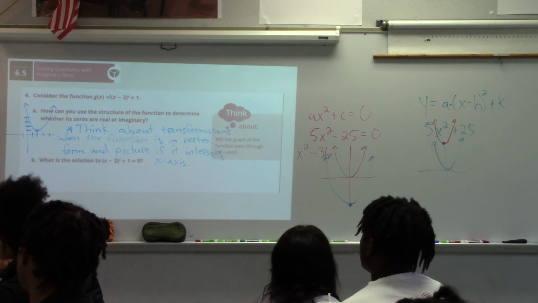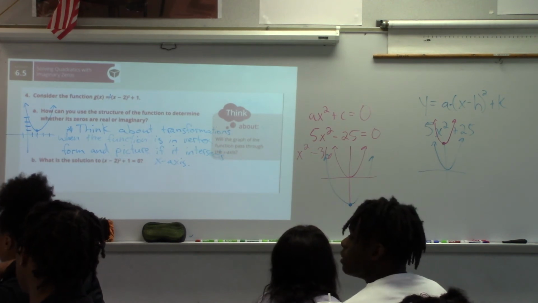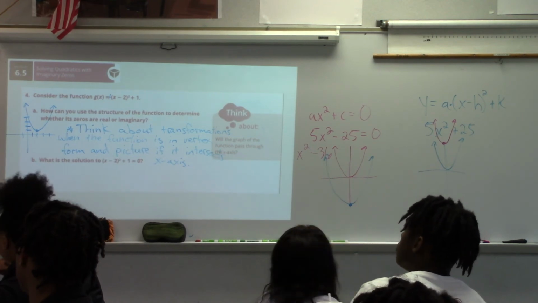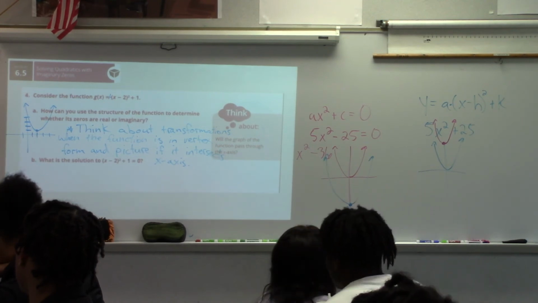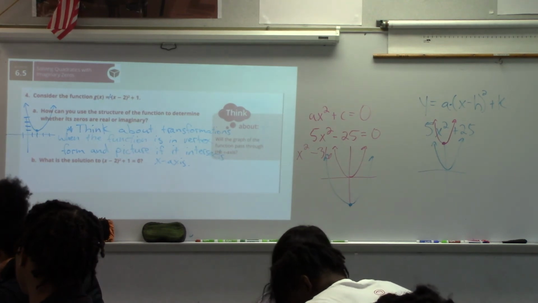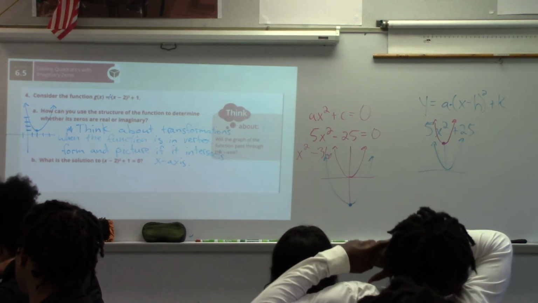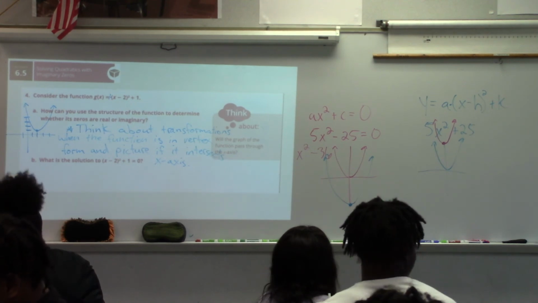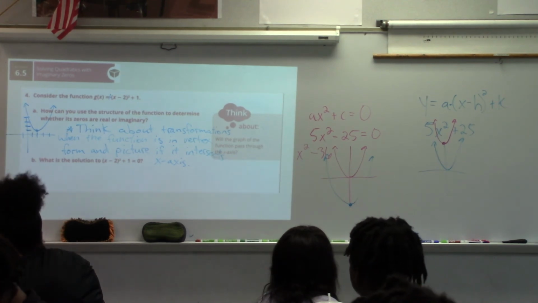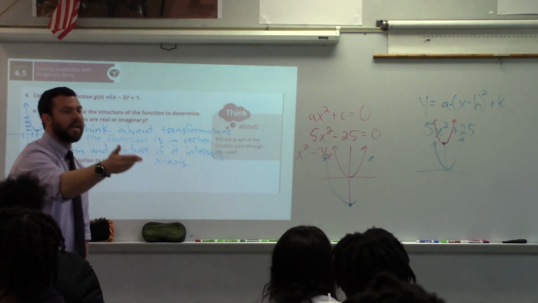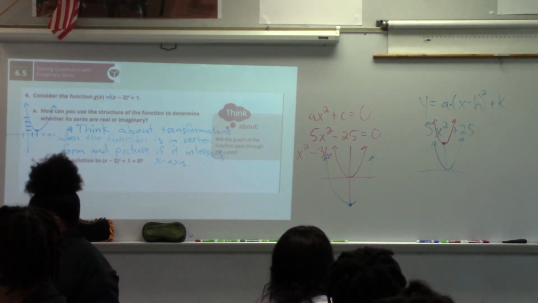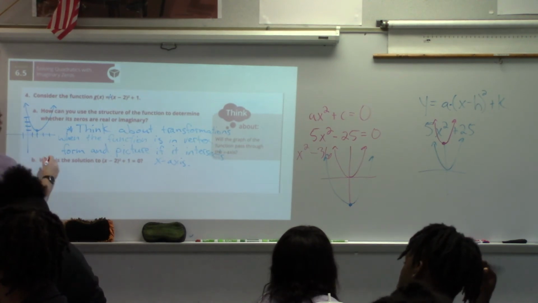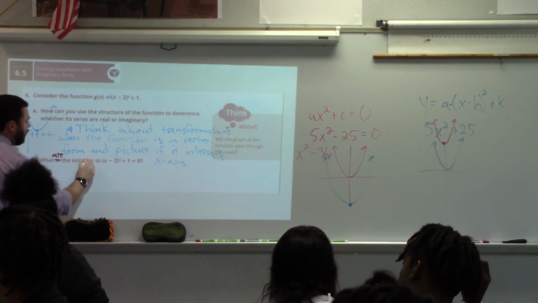Oh, I know, the square root. It's quadratic, so it has to have two solutions, right? When I take the square root, I'm going to get both a positive and a negative. I want y'all to notice those details. So what are the solutions is what we should have said here.